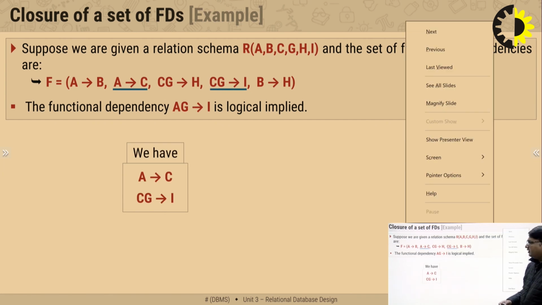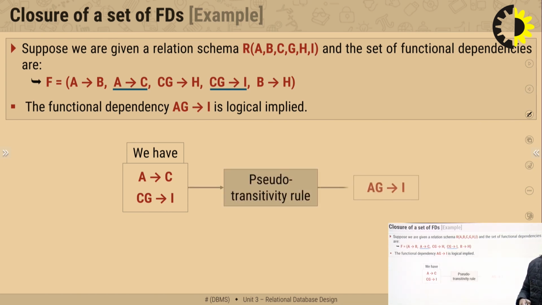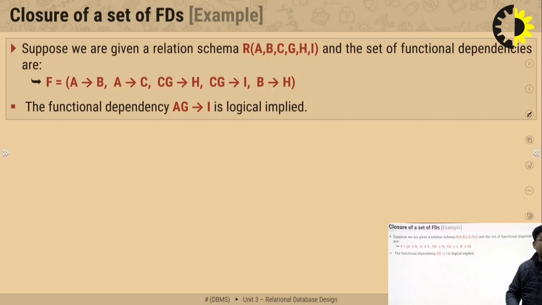Now A determines C and CG determines I. Applying the pseudo transitive rule, this will give AG determines I. This is by applying the pseudo transitive rule.